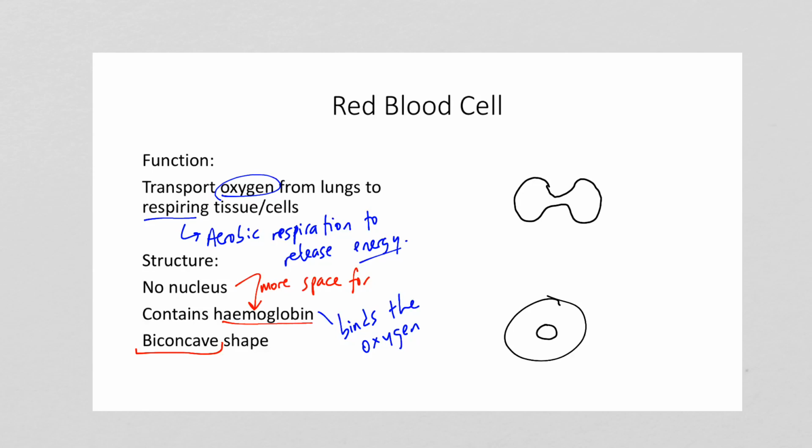The reason that you have a biconcave shape is to increase the surface area of the red blood cell. When we talk about diffusion, osmosis, active transport, later on at the end of this unit, this idea of surface area becomes really, really, really important.